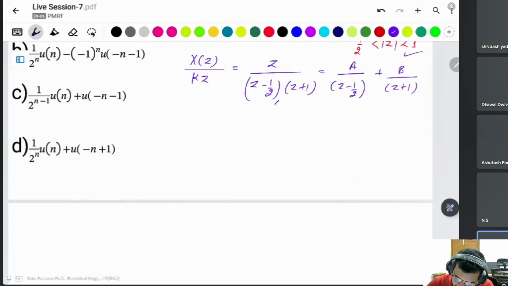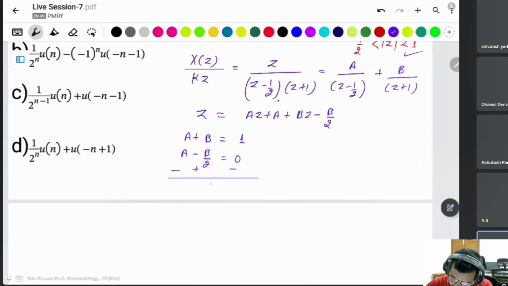Find the partial fraction of this one. This will be z, the denominator will be cancelled out. This will be az plus a plus bz minus b by 2. Then a plus b is equal to 1, a minus b by 2 is equal to 0. Subtract this one, a cancels out, this will be 3 by 2 b is equal to 1, it means b is equal to 2 by 3. If b is equal to 2 by 3, then what is the value of a? 1 minus 2 by 3, it means 1 by 3.